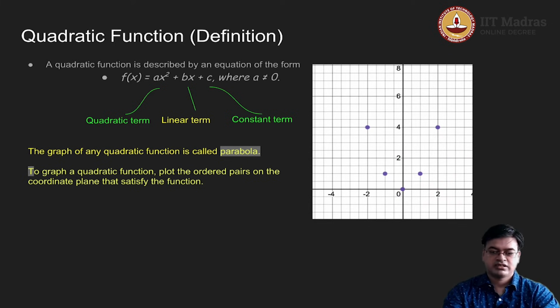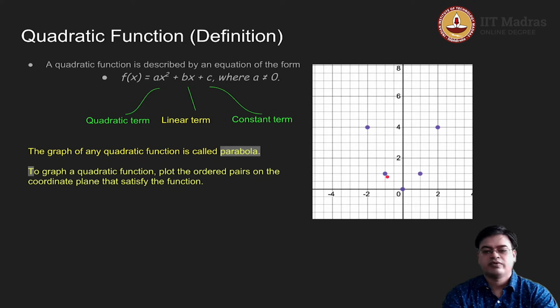For example, let us take b is 0 and c is 0 and a is equal to 1. Let us take that particular function, that is y is equal to x square. In that case, I will put x is equal to 0. I will get back 0. So I will plot the point (0, 0). I will take x is equal to 1.